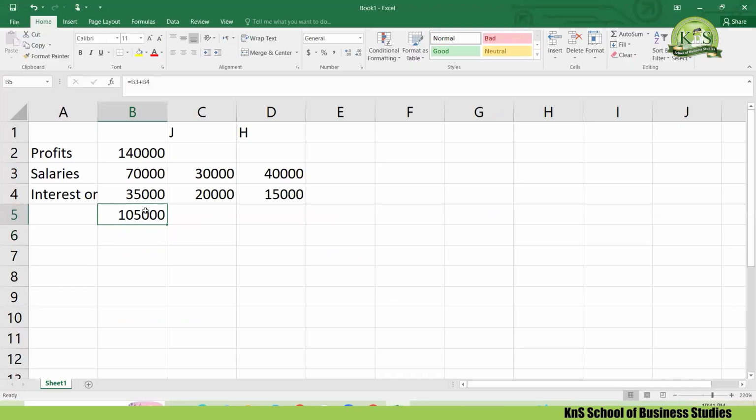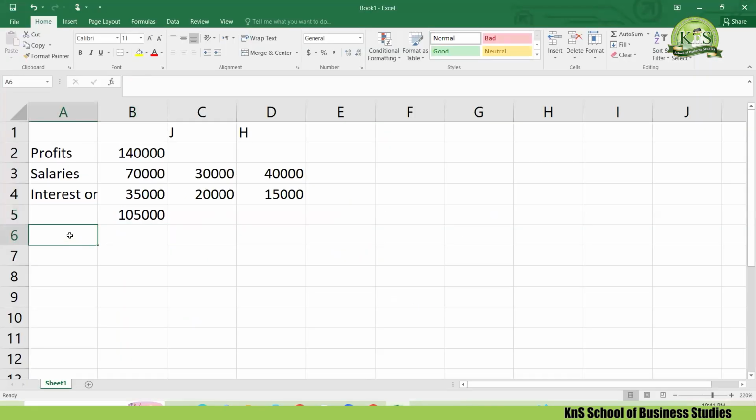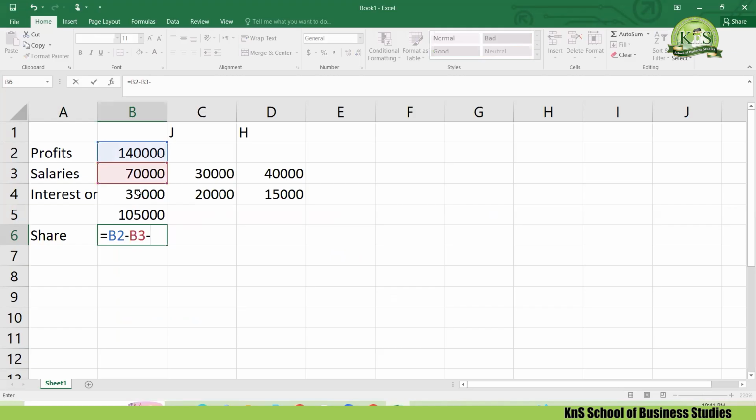This is basically the 105,000 remaining over here. And what will be the remaining of my share? Just what I did right now, you can do this as well. It will give you the same answer, 35, or you can add this and then directly subtract. The examiner has no issues with it.